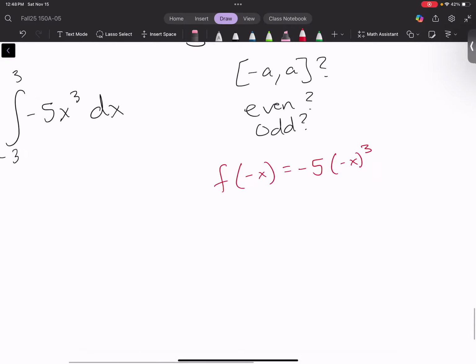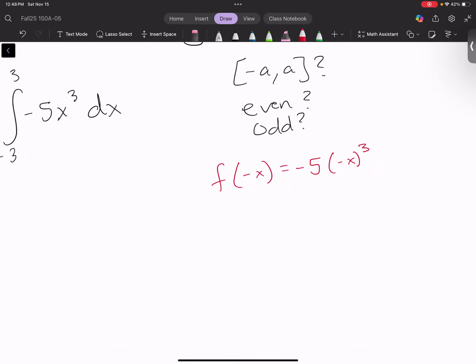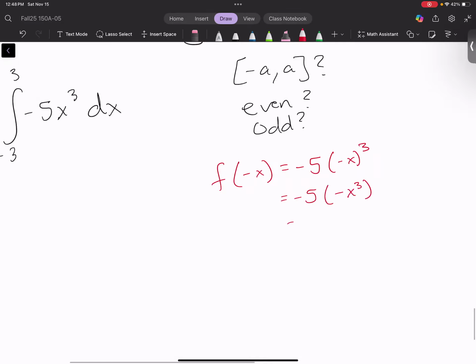Negative x cubed is negative x times negative x times negative x, an odd number of times, so I do have a negative. Negative 5 times negative x cubed, those negatives cancel. I get 5x cubed. That's not my original, so it's not an even function.